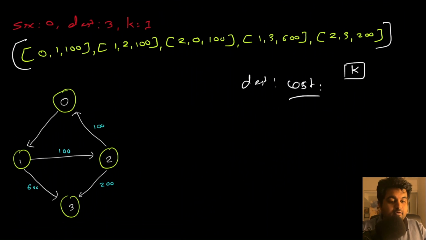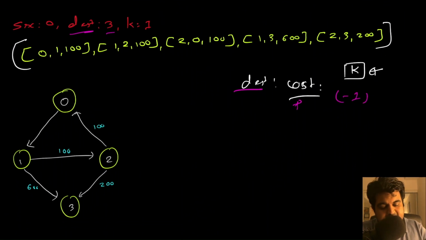In the end, for all the given k entries, we keep running the same process until we reach the end that we are looking for. If we found any cost for the destination city, in this case city number 3, then we can return that. If that is not the case, then we can return -1.